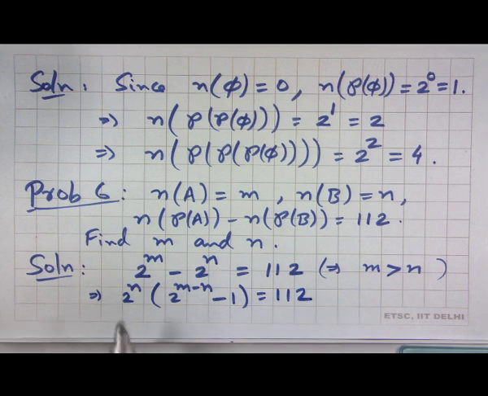So, here note that we have taken out powers of 2 outside, and then the rest is 2 to the power m minus n, which is an even positive integer, minus 1. So, this part is an odd integer.